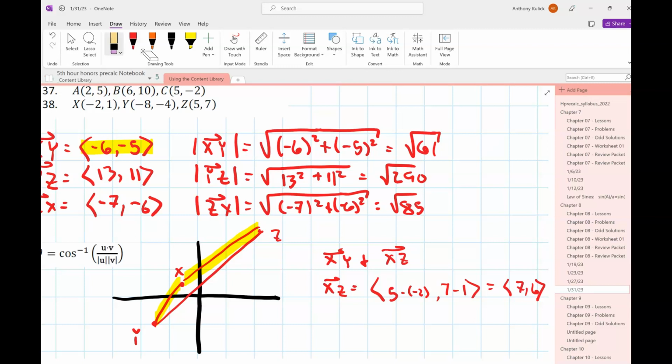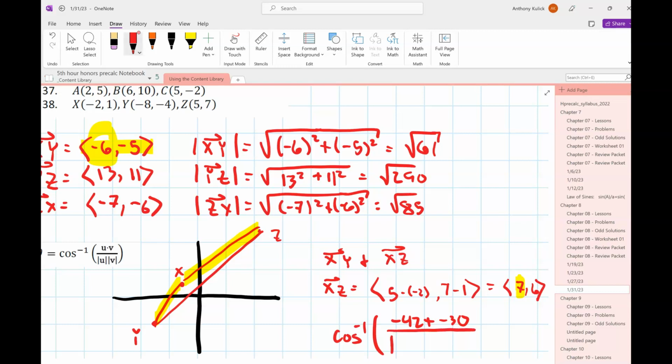So I'm going to use those. So cosine inverse of -6 times 7 plus -5 times 6.